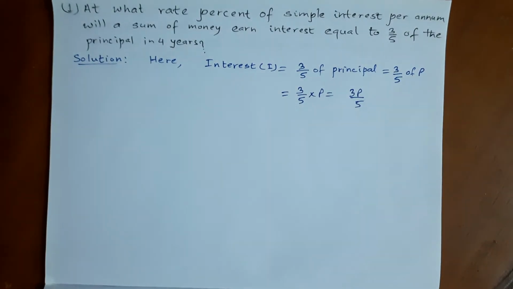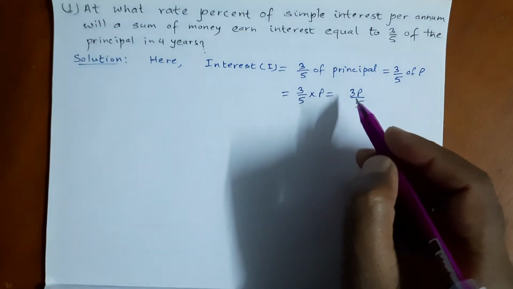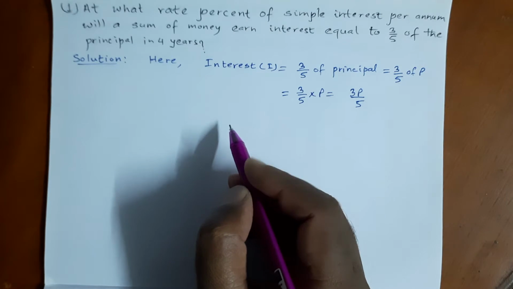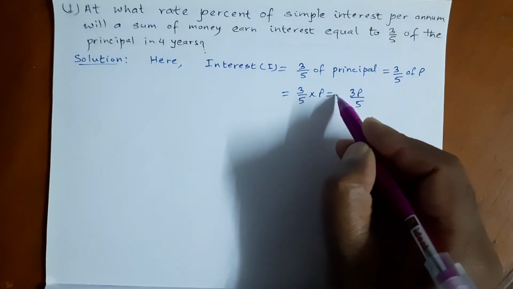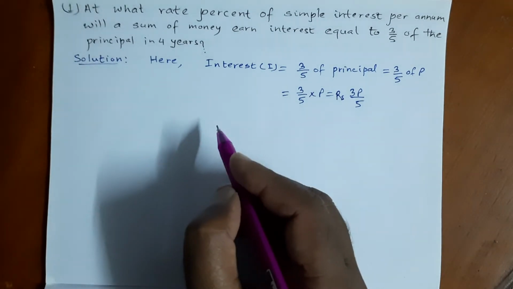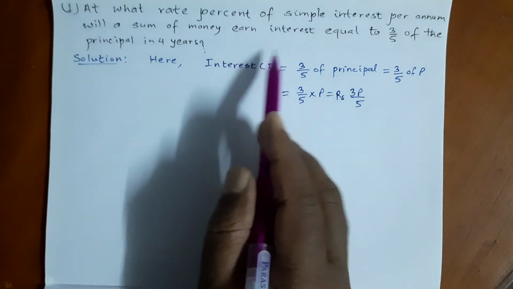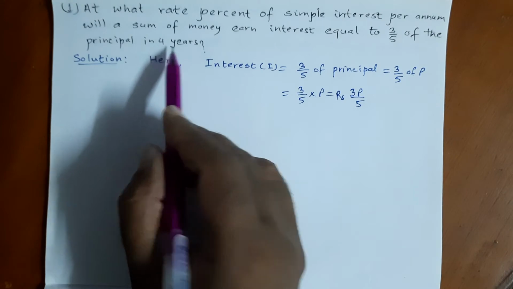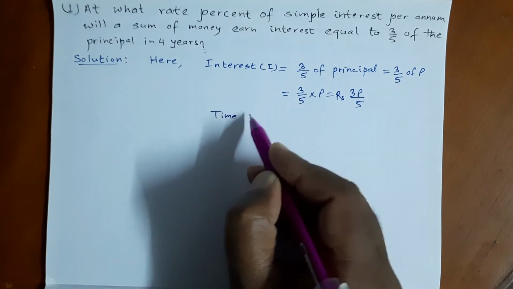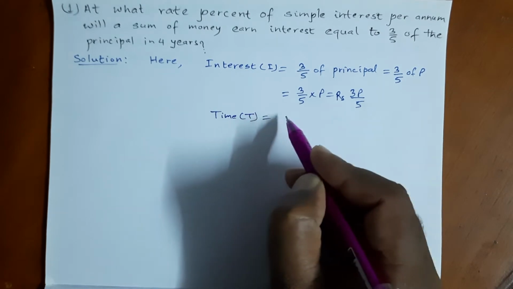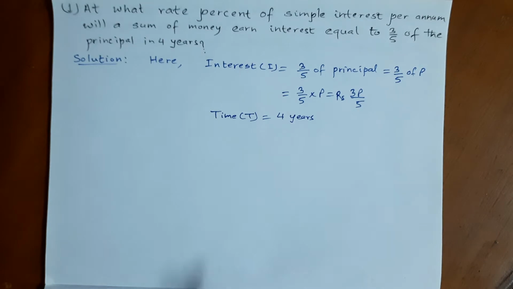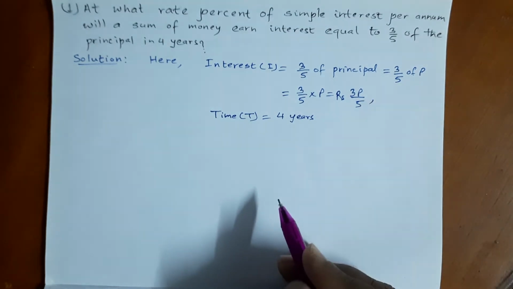This is the interest in rupees, and the time is 4 years. Time t equals 4 years.